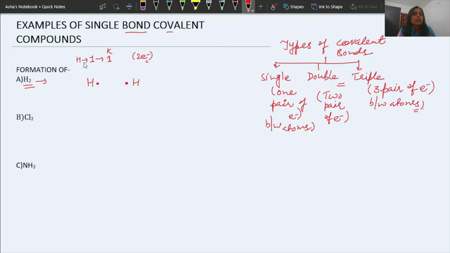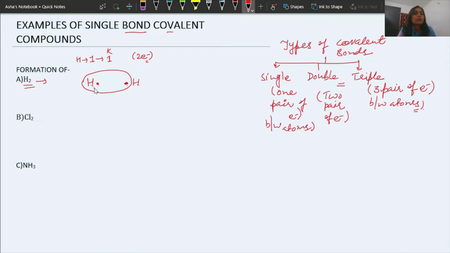So what is the need of the hydrogen? To gain 1 more. So what will it do? This hydrogen will take the other hydrogen's 1 valence electron. Now this hydrogen atom has 2 electrons in its first shell, so it is happy. Now the other hydrogen atom also has 1 valence electron and also needs 1 more.